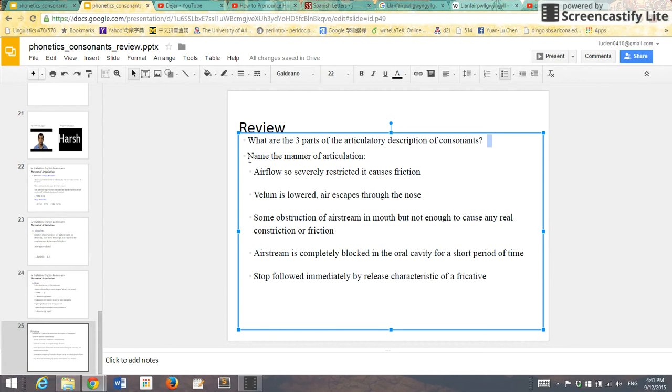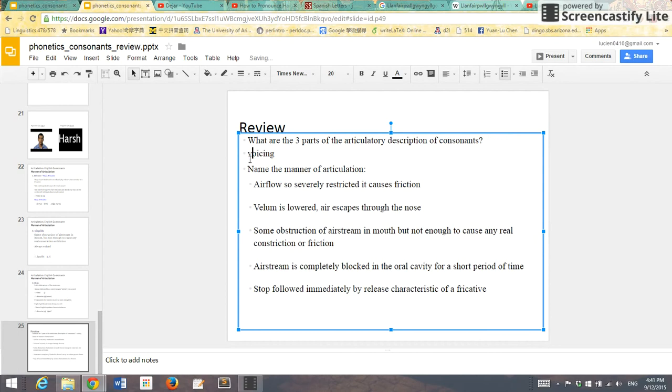The first one is voicing. Voicing, and then what? Place of articulation, and then manner of articulation. You should be familiar with this.